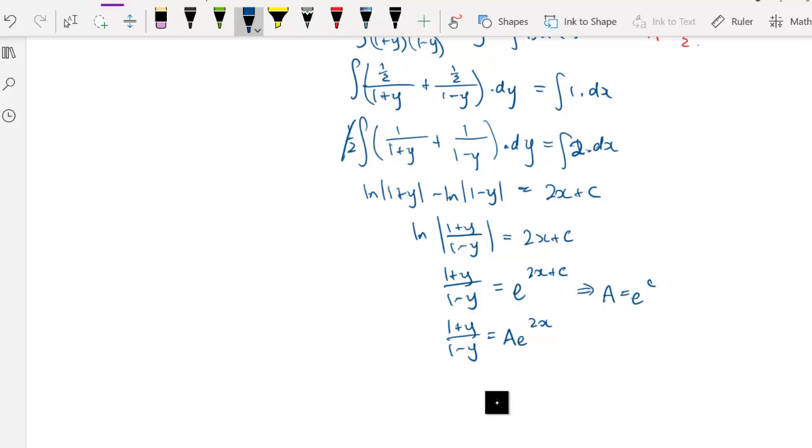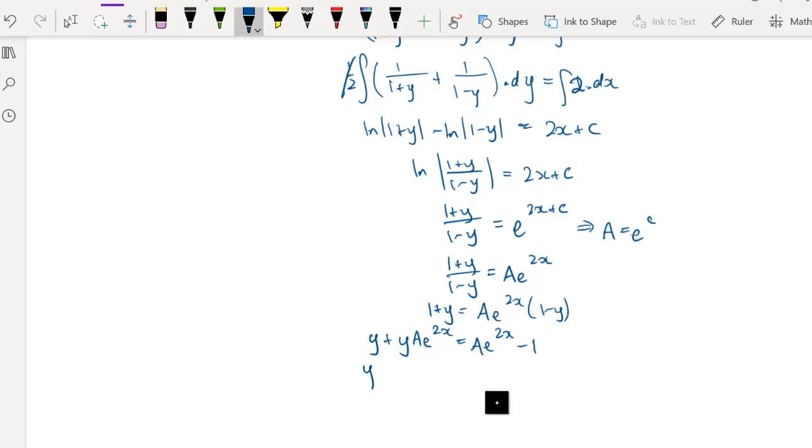Now, our last step is to get the explicit function where y is isolated. So we have 1 plus y is equal to ae to the 2x times (1 take y). Now if we expand this and we group the y's, we've got y plus yae to the 2x, and on the other side, we've got ae to the 2x take 1.